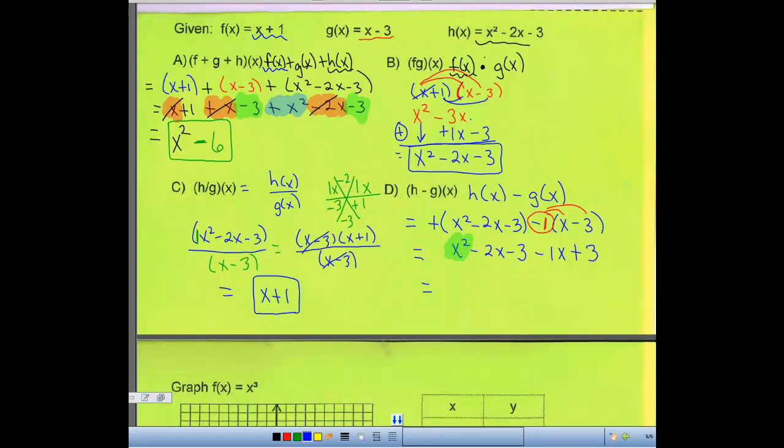I only have 1x squared, so it comes down. Negative 2x, negative 1x is a negative 3x. And the negative 3 and positive 3 cancel to give me 0. So the answer is just x squared minus 3x.